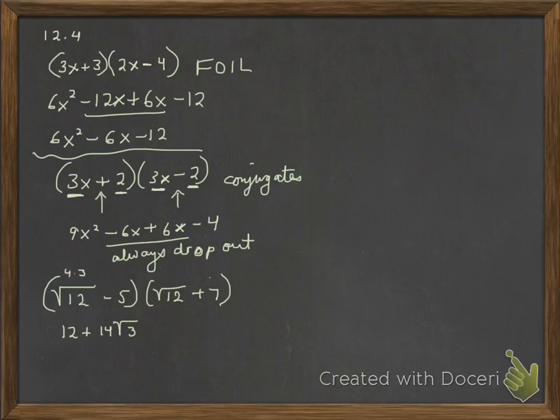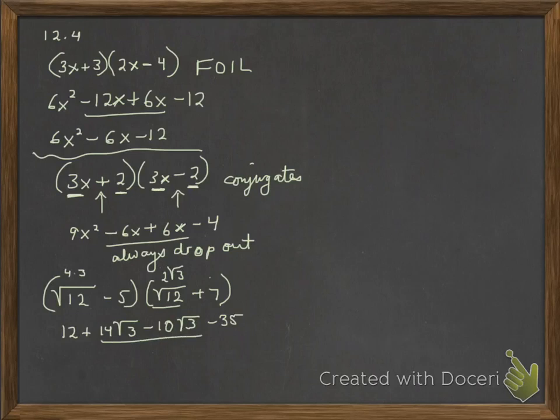Okay, if it's 4 times 3, it really simplifies to 2 square root of 3. And so you're going to have minus 5 times 2, or minus 10, the square root of 3. And the last terms would be minus 35.